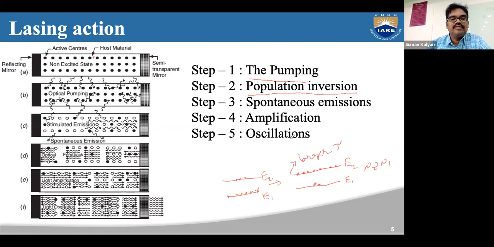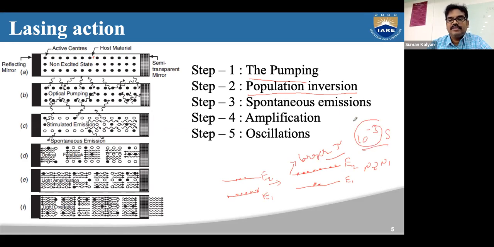Okay, once optical pumping is done and the population inversion is achieved, then spontaneous emission happens. Even though the lifetime is larger, the atoms cannot stay more than 10 power minus 3 seconds in the metastable state.